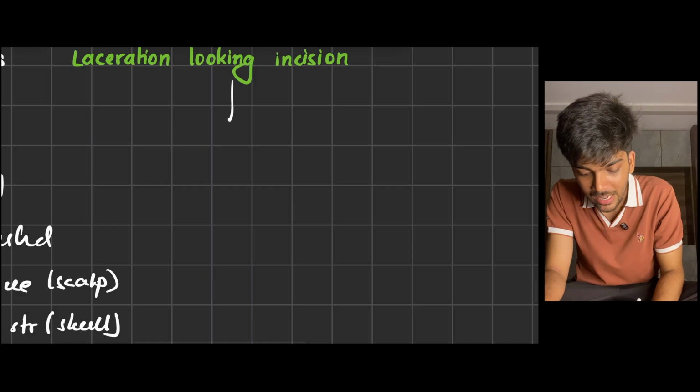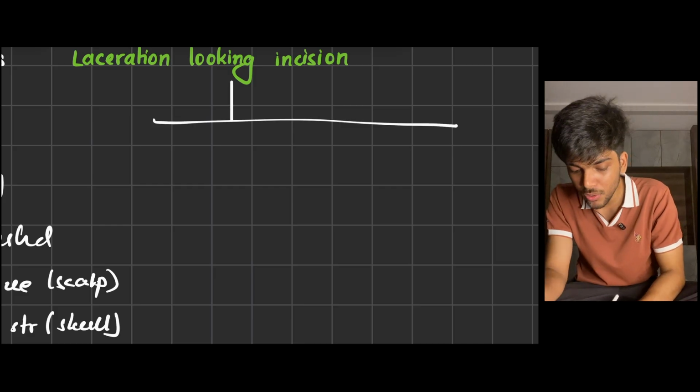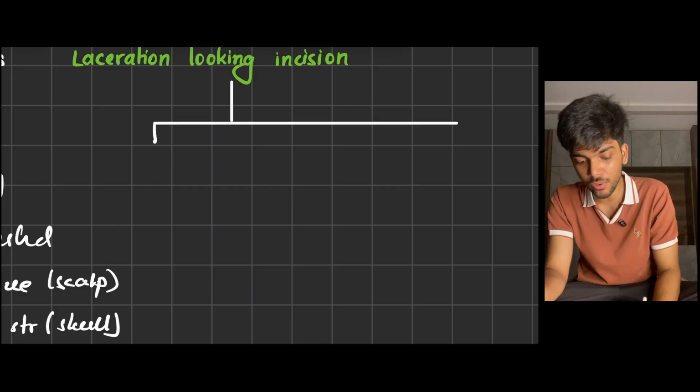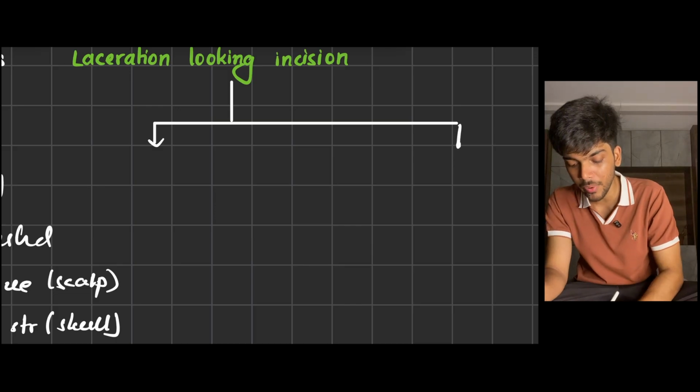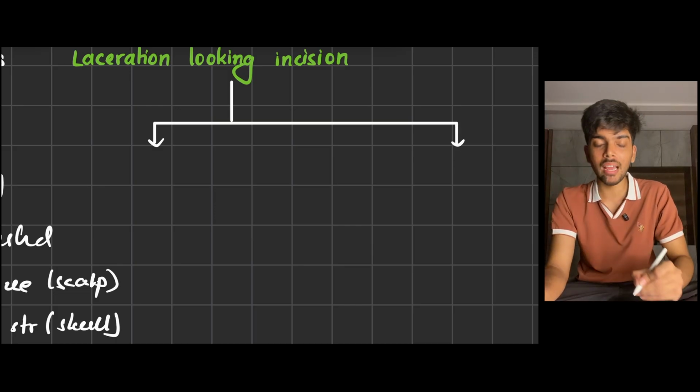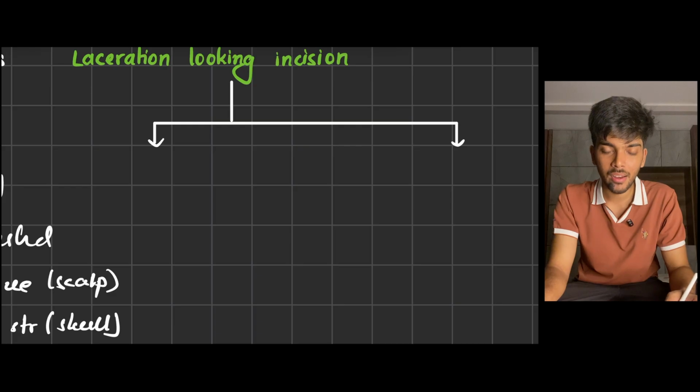Then you have laceration looking incision. Very easy. Laceration looking incision is actually a sharp force injury. I repeat, it is a sharp force injury, but it looks like laceration to the naked eye.